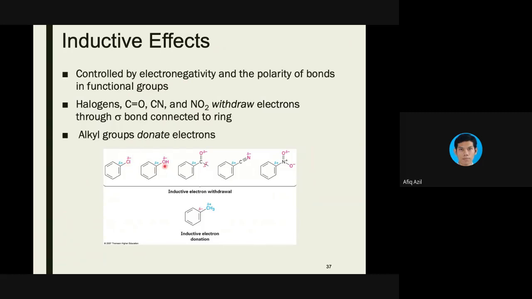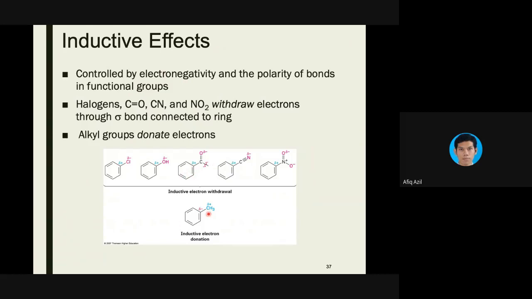Same as well for this OH group. O is more electronegative compared to this carbon. This one as well, because on this carbon you have oxygen. This one you have nitrogen, and this is nitrogen with two oxygens. So all of these are withdrawing electrons from the benzene ring.